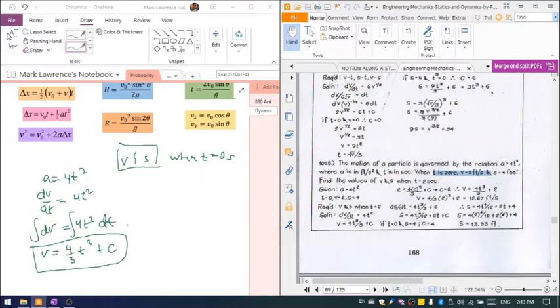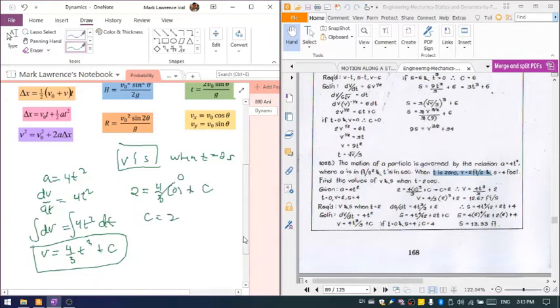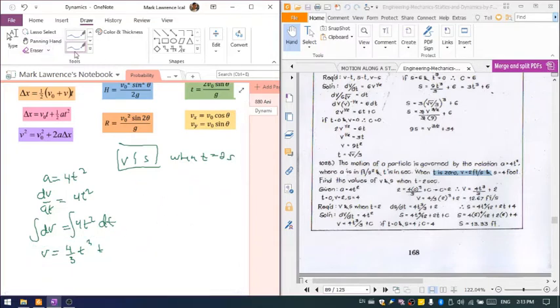Anyways, since when time is equal to 0 and velocity is equal to 2, velocity is 2 equals 4/3 times 0, so basically 0, and then c is equal to 2. Now we know that the value of c is 2. So at time equal to 2, substitute this. v is equal to 4/3 times 2 cubed plus 2.